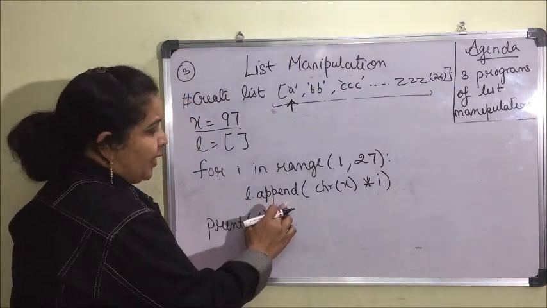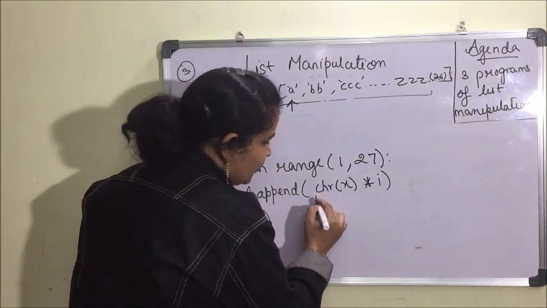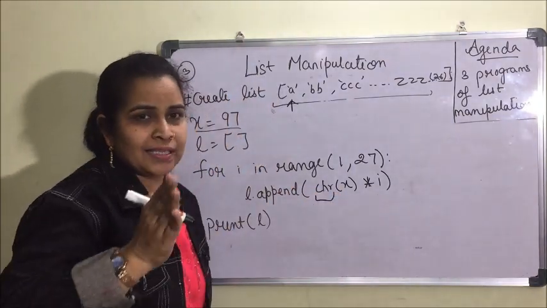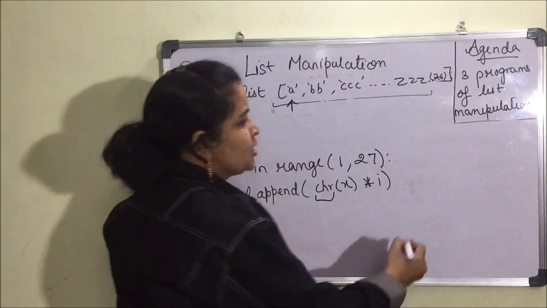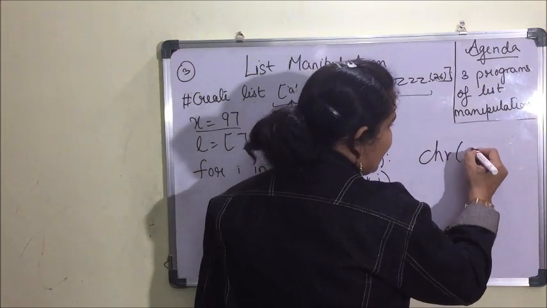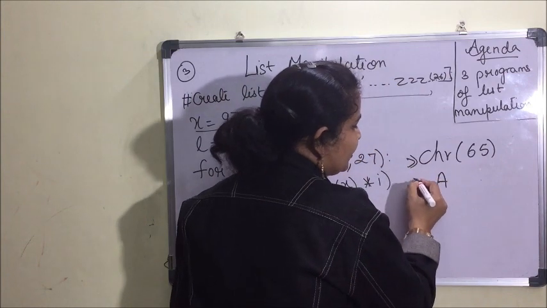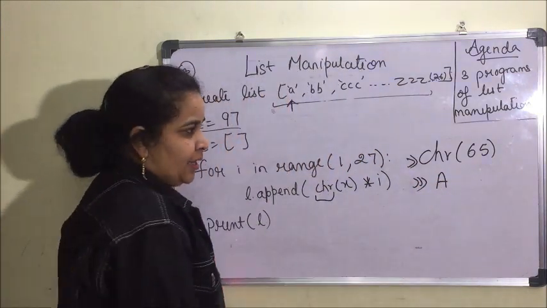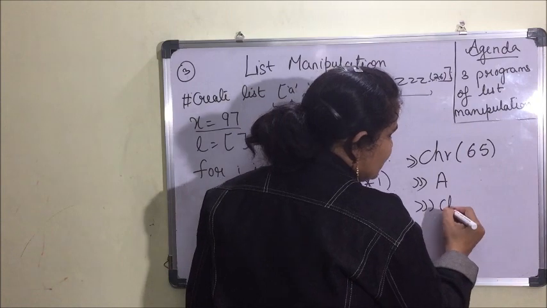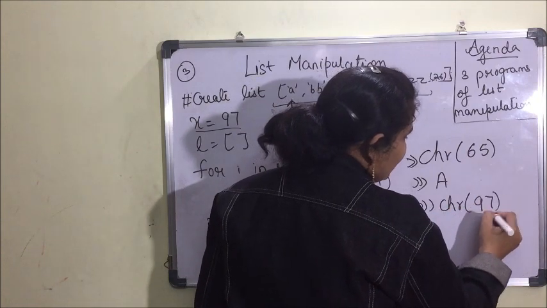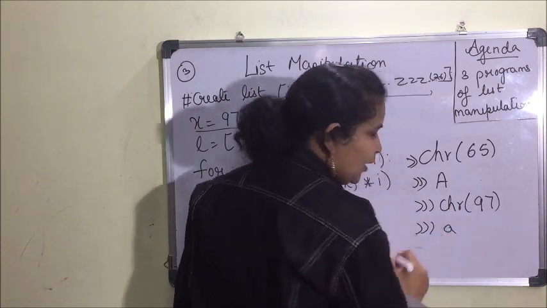It will append chr, which is a function that converts an ASCII value to a character. Suppose I write chr(65), it will return A. If I write chr(97), it will return small a.